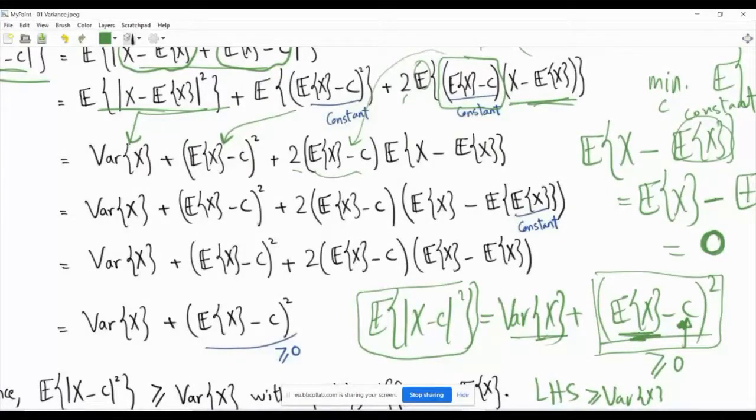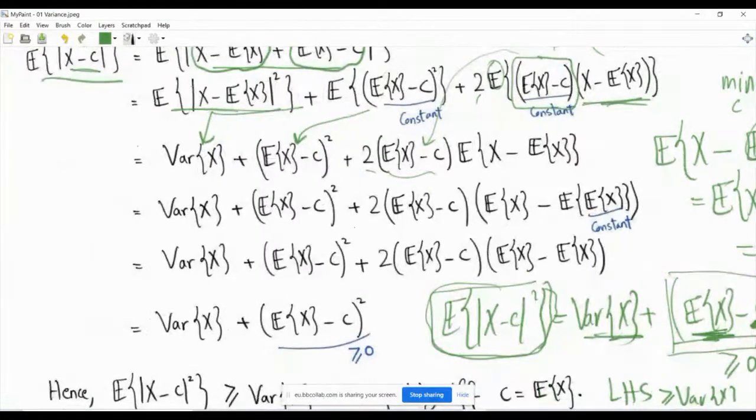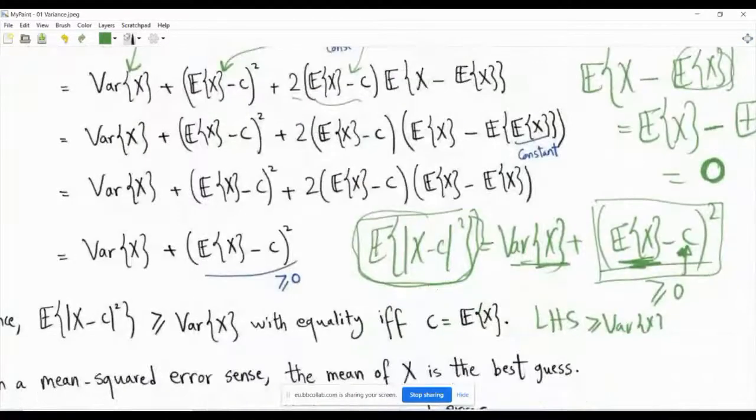So if you choose c to be the expected value of x, this guy will attain its minimum possible value, which is the variance of x. Again, we solved this optimization problem by starting with our objective and showing that our objective is equal to the variance of x plus this non-negative quantity.